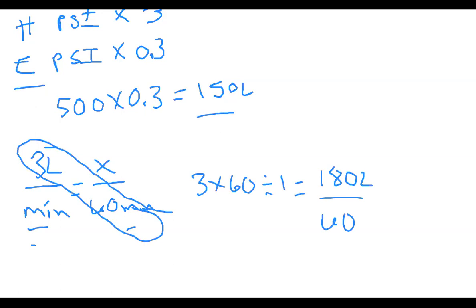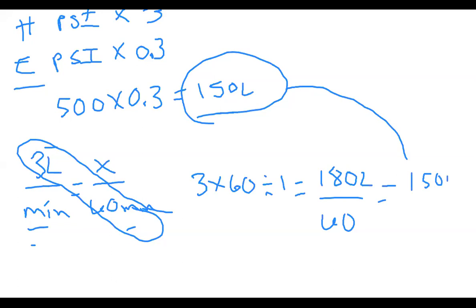Now we can take this part, the 150 liters, and bring it down. We're going to set up a new proportion, 180 liters over 60 minutes. And in the tank, we have 150 liters, and we want to know X of time. So how much time is 150 liters going to last at 180 liters per 60 minutes?